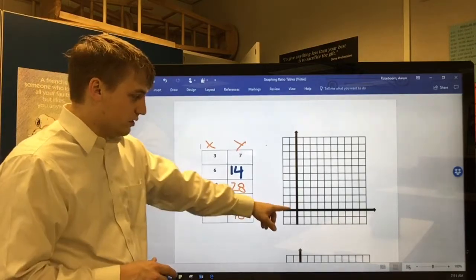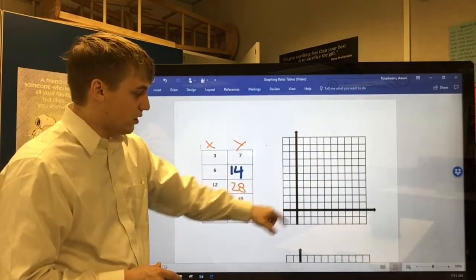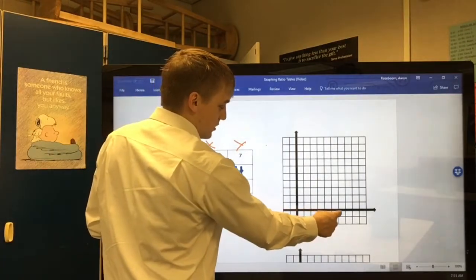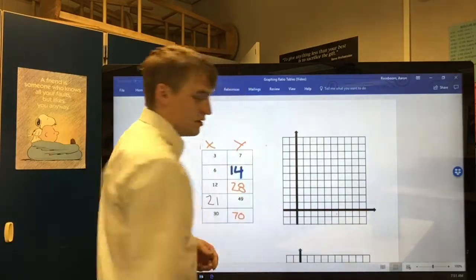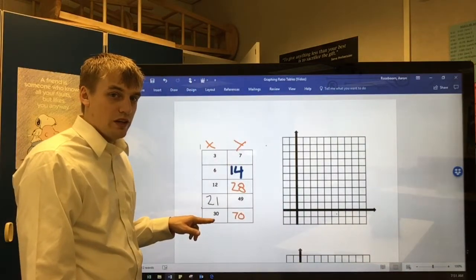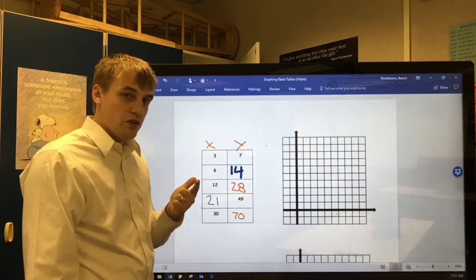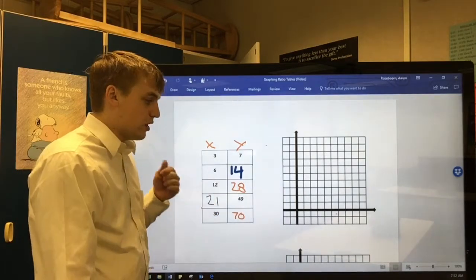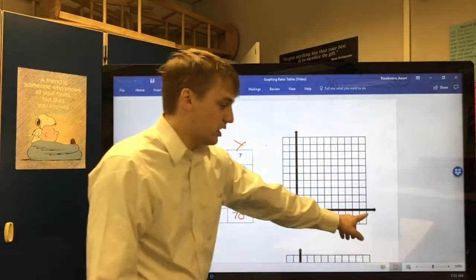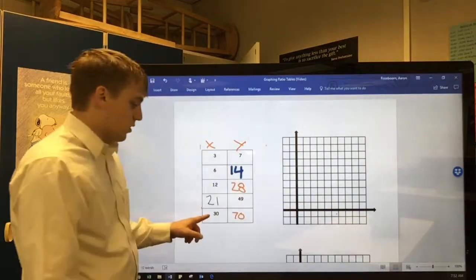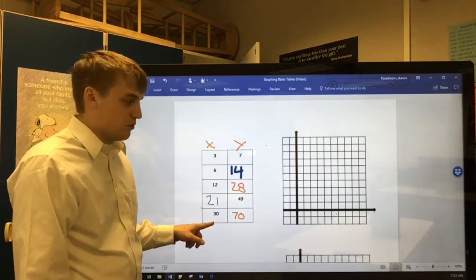If I counted the x by ones, 1, 2, 3, 4, 5, 6, 7, 8, 9, 10, this is 10 spots. I won't be able to fit all the x numbers because I need to get to 30. If I counted by 2s, I would only get to 20. If I counted by 3s, I would get to 30. So I'm going to count by 3s because my highest number is 30.